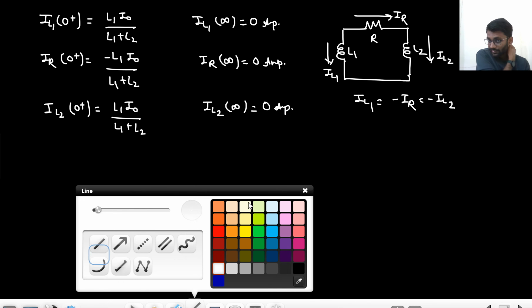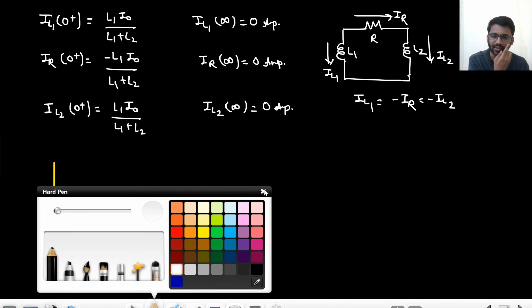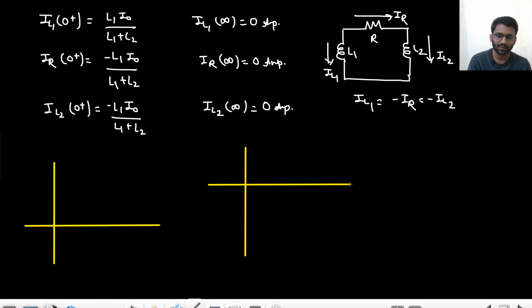So I will make the graphs for IL1. This was also negative. This is for IL1. This is for IR. This is also for IL2. So this is IL1.